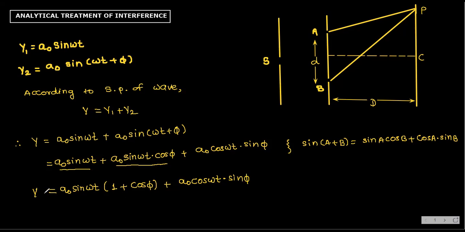This is your y. Now we will do a substitution. We keep A0 into 1 plus cos phi as r cos theta, and A0 sin phi as r sin theta.